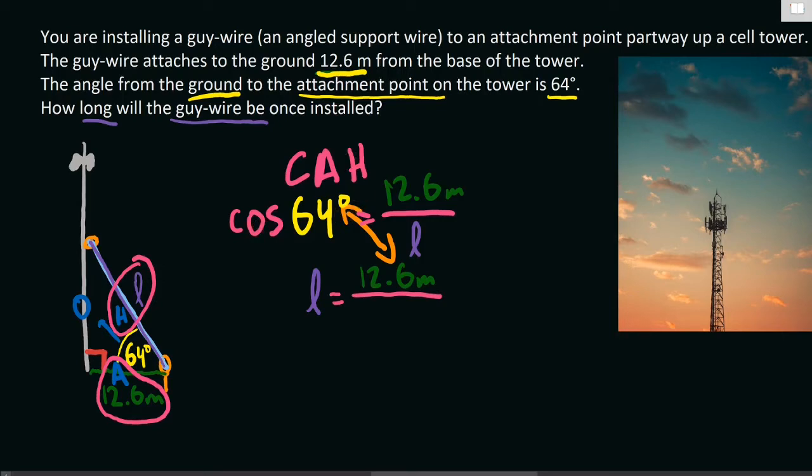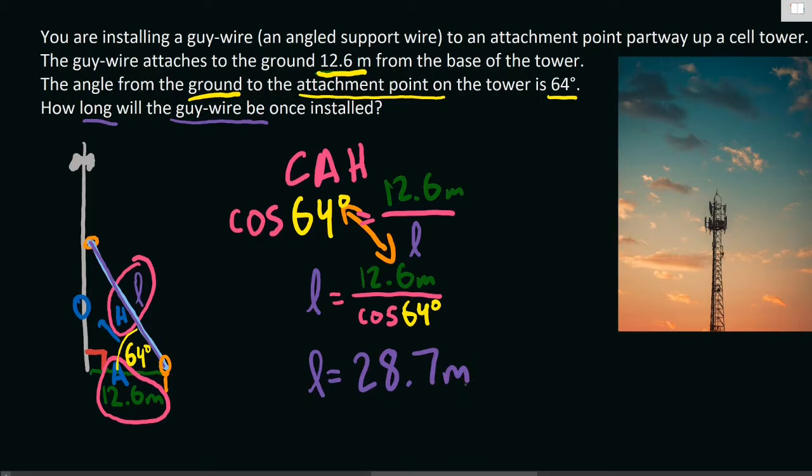And then this cos 64 is going to end up underneath. So our length is 12.6 meters divided by the cosine of 64. And you plug that into your calculator, round to the nearest tenth, and your guy wire is 28.7 meters.